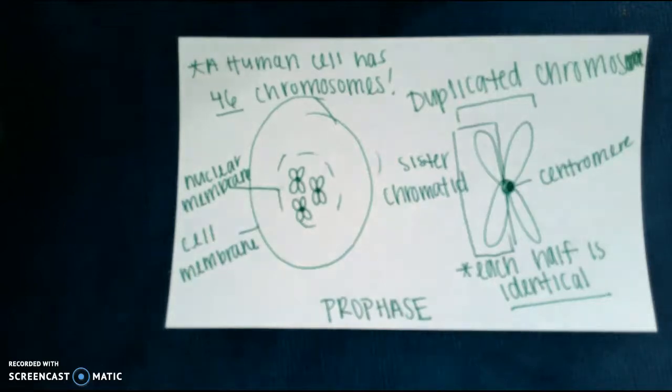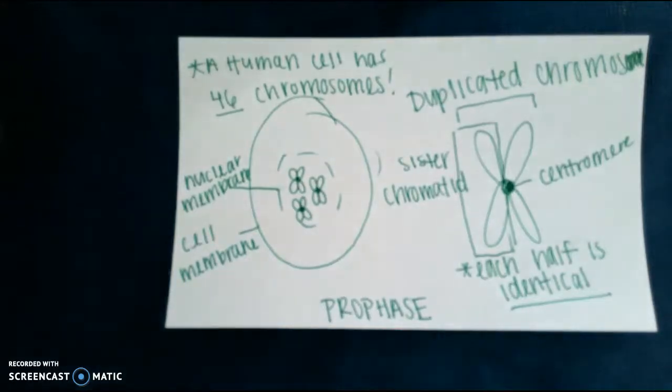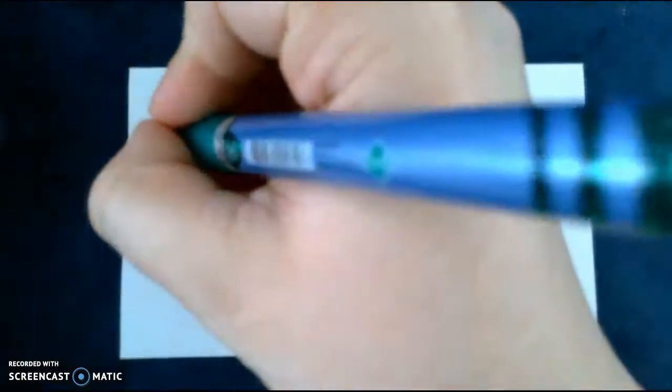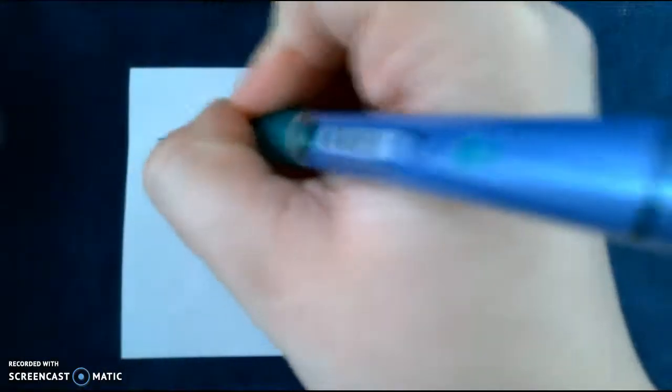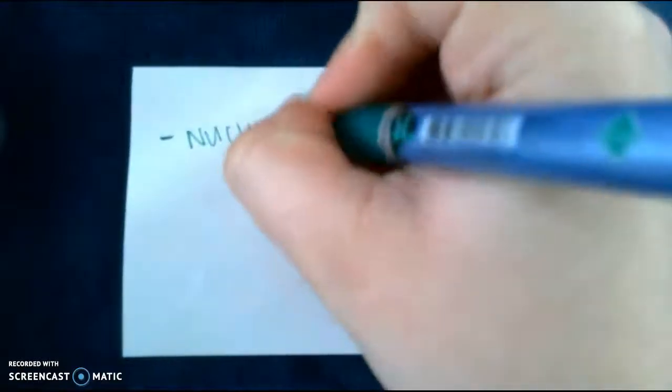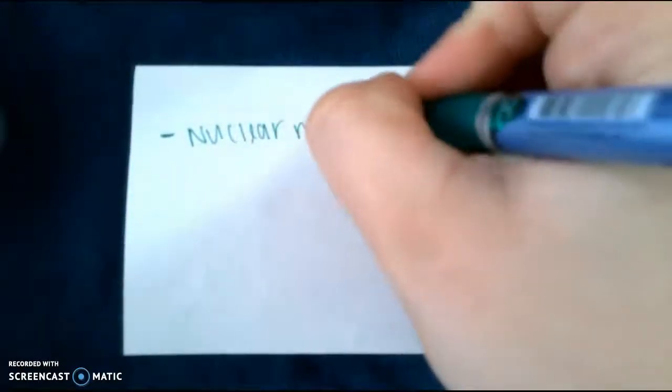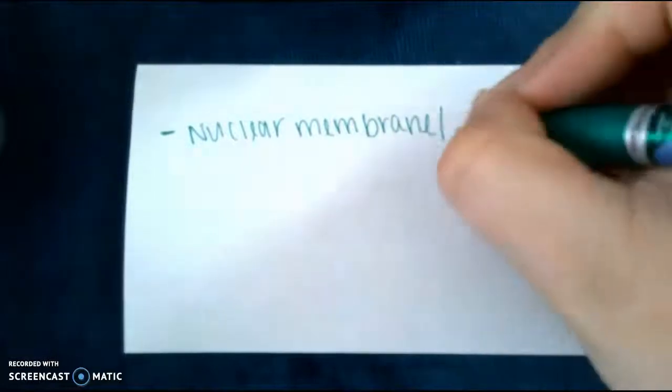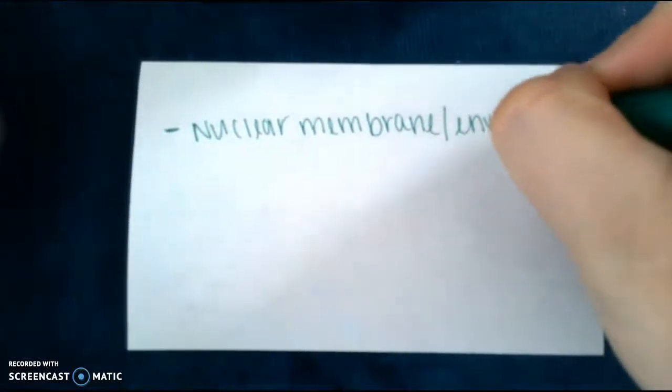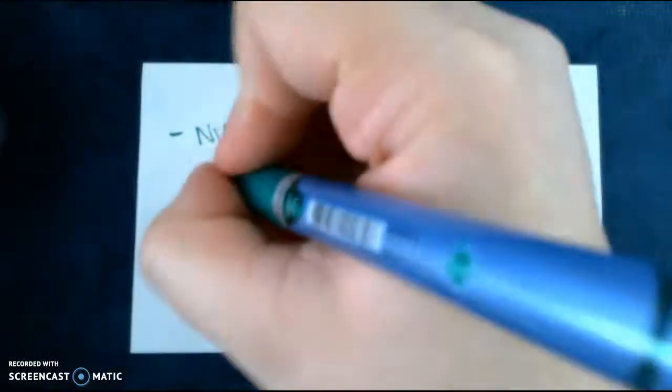Okay, let's give yourself a second to write all of that down before we go onto the back and write what happens in prophase. Okay, so in prophase, the nuclear membrane or nuclear envelope disappears.